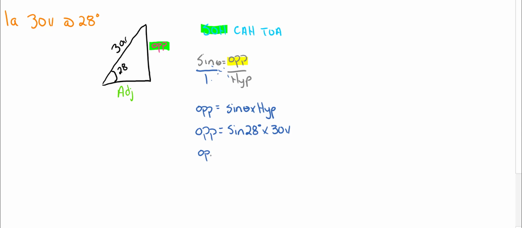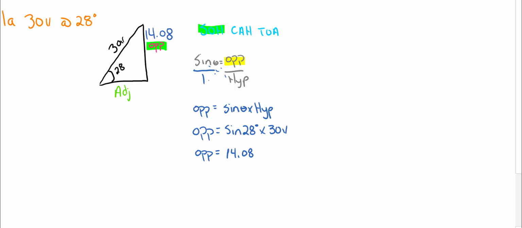So the opposite is equal to 14.08. Perfect. Now that we know the opposite, what's the next value we need to find?